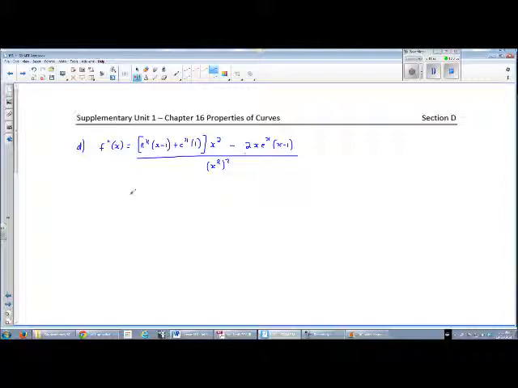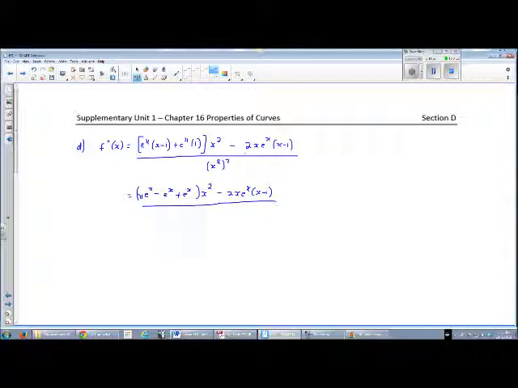So I'll expand this in, simplify here, so I've got e to the x times x minus e to the x plus e to the x. And this is all times x squared. And then minus 2x e to the x times x minus 1 all over x to the power 4.